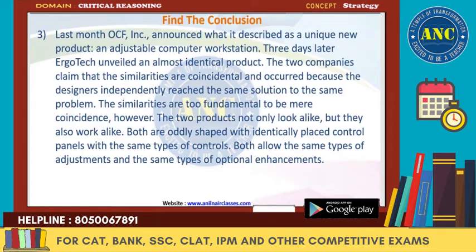However, the two products not only look alike, but they also work alike. Both are oddly shaped with identically placed control panels with the same type of controls. Both allow the same types of adjustments and the same types of optional enhancements.